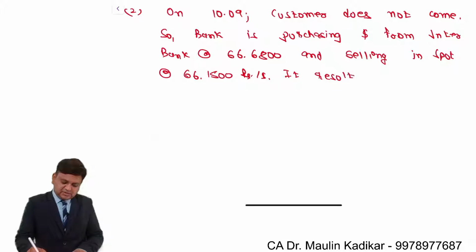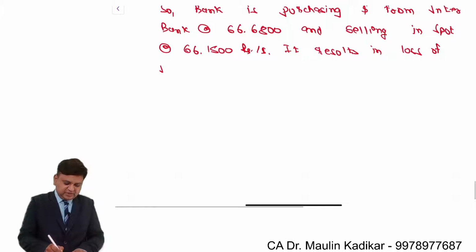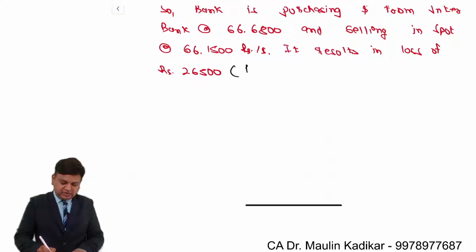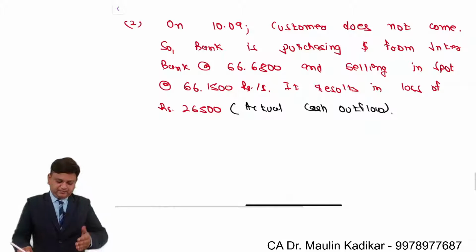It results in a loss of rupees 26,500. In bracket write down actual cash outflow. Bracket over.